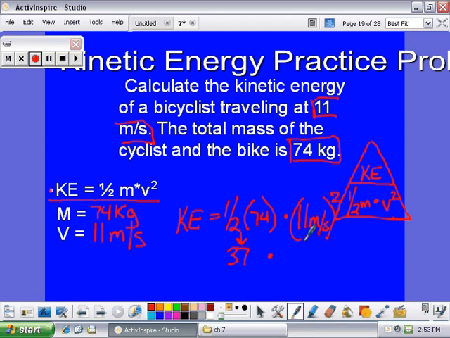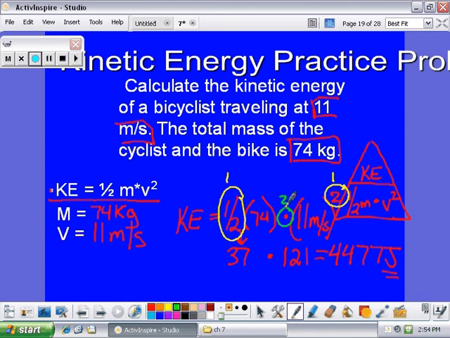So 11 squared is really 121. So your answer is 4,477 joules. Again, because we are solving for energy. So the key thing is to do the half first and square it first, and then multiply it second.